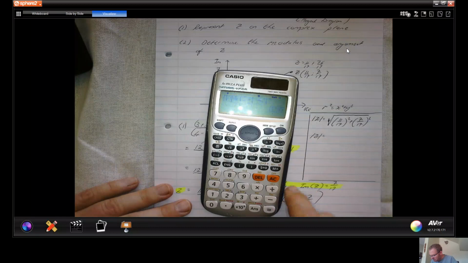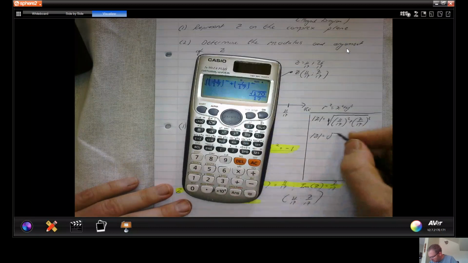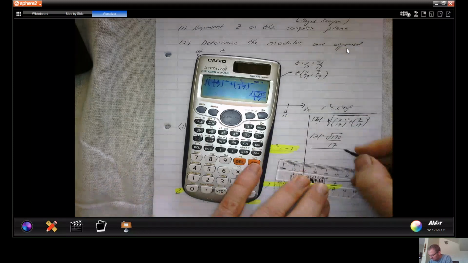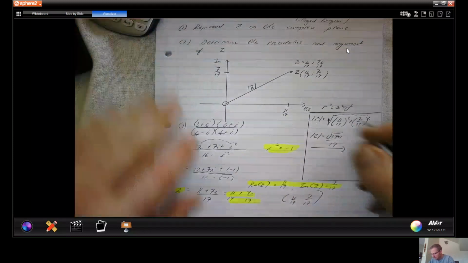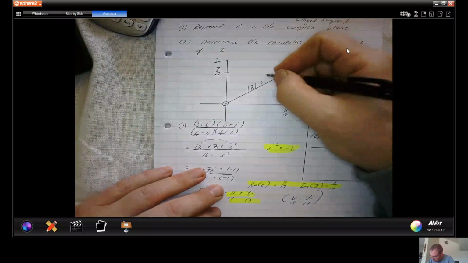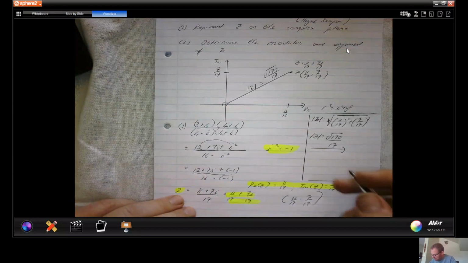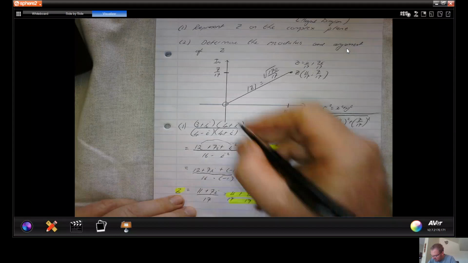And so the modulus of Z is going to be equal to root 170 over 17. So that's your modulus of Z. The distance from here to here is root 170 over 17. Okay, and I'm not quite done because the next thing that we need is the argument of Z.